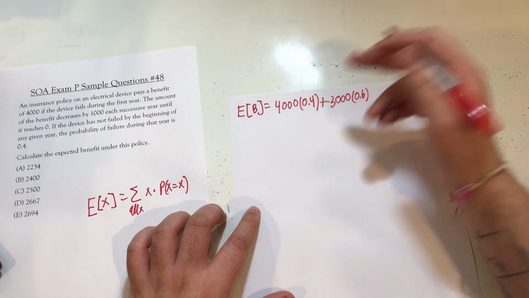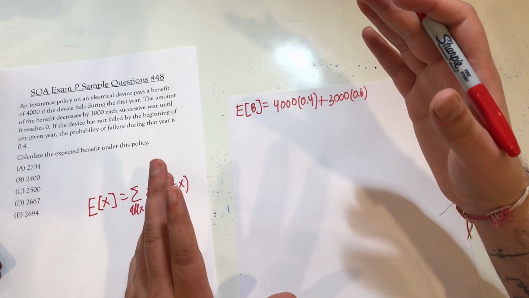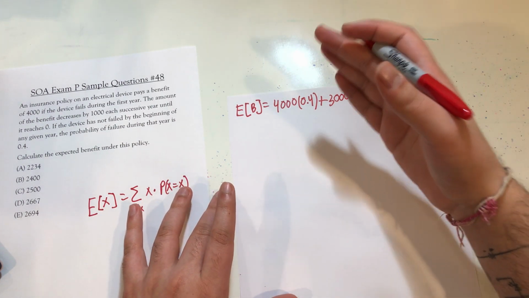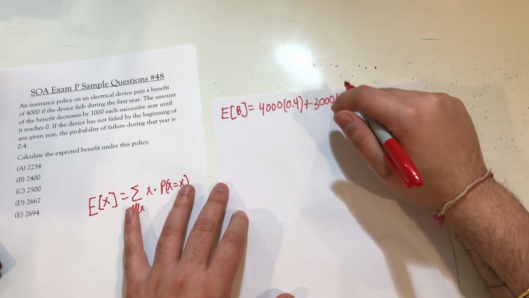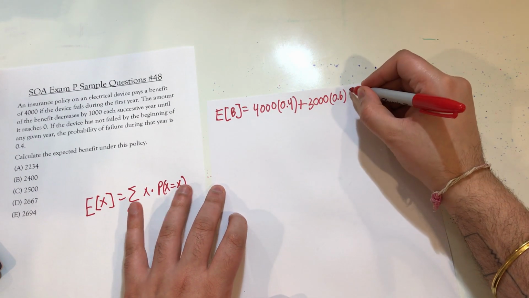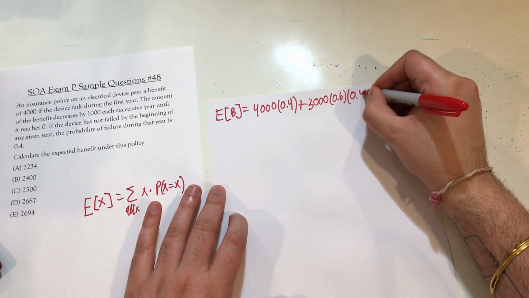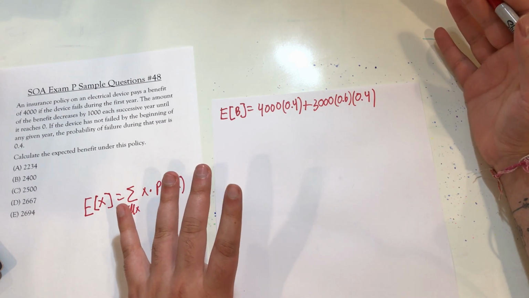And you should be familiar with the concept that the probability of something equals 1 minus its complement. So if it doesn't fail in year 1, that's 1 minus 0.4. So the probability it doesn't fail in year 1 multiplied by the probability it fails in year 2, which is 0.4. And this continues until we hit 0.